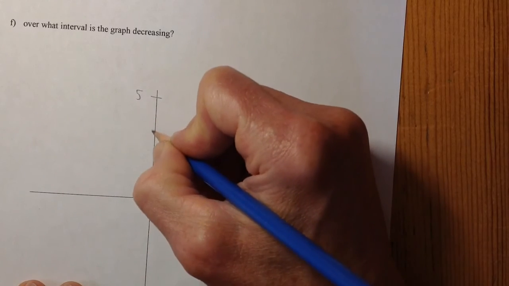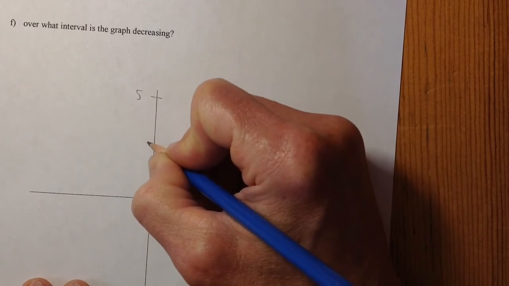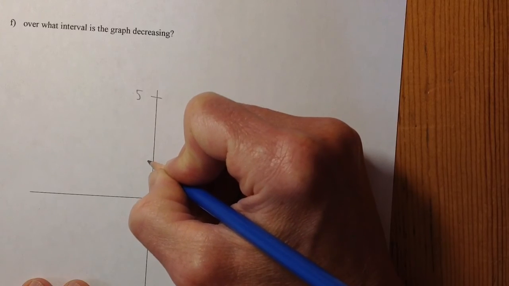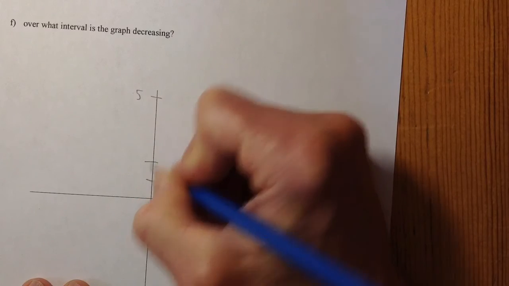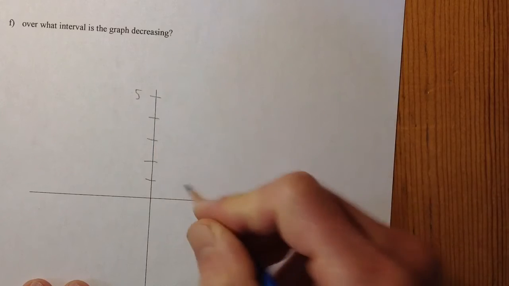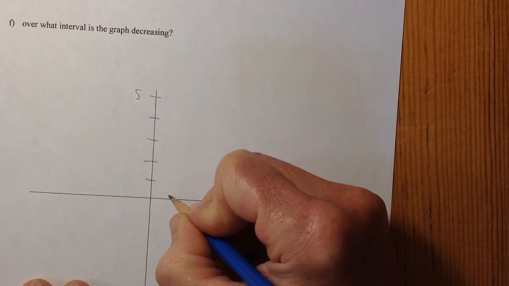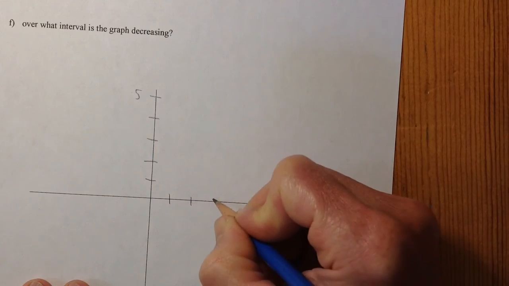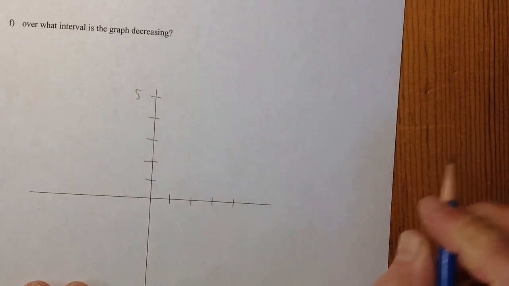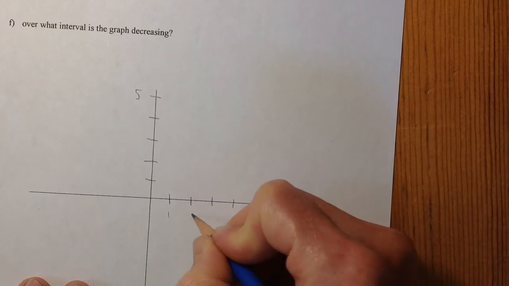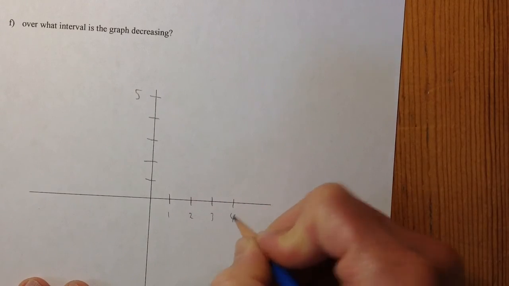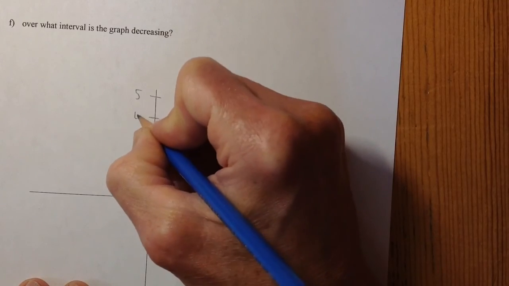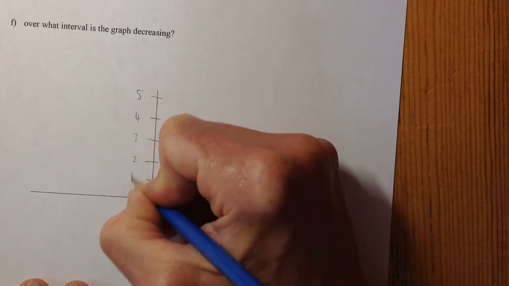If that's 5, how can I break this up? This would be 2.5, so this would be about 2 here. Yeah, that's pretty good. The numbers here are not very well spaced, oh well. This is 1, 2, 3, 4.